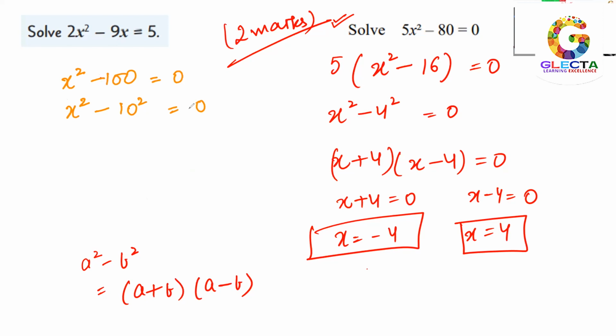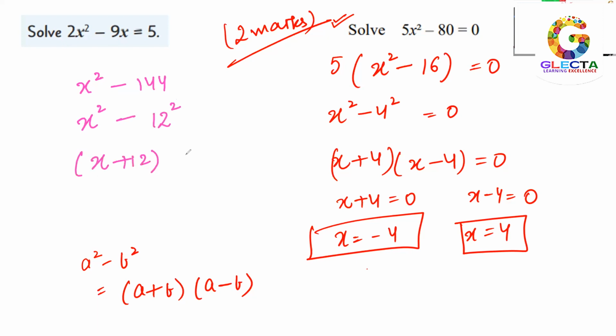So whenever you see these kinds of numbers, you would write x add 10 in one bracket, x take away 10 in another bracket. That's how you factorize. For example, if I have x squared take away 144, whose square is it? 144 is the square of 12. So you add x and 12 in one bracket, subtract x and 12 in another bracket, right?